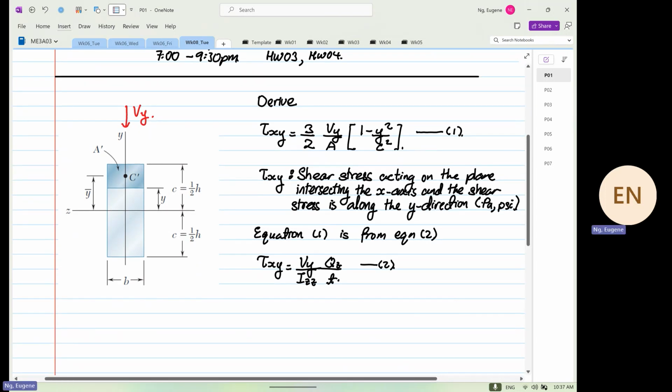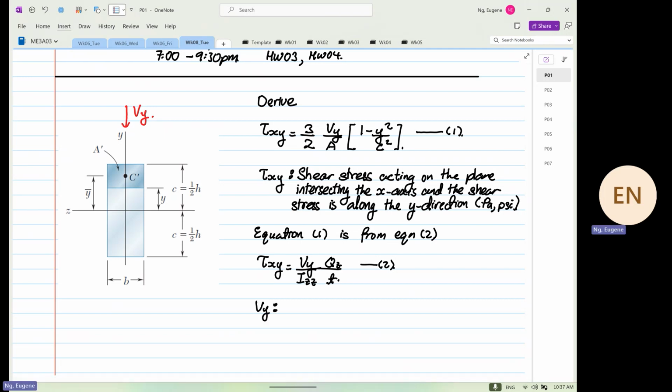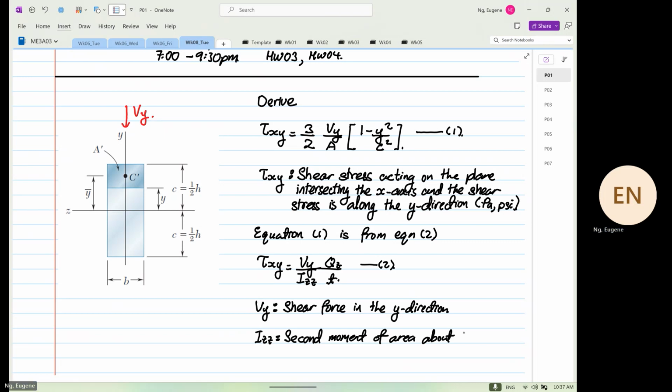And we have mentioned that Vy, as you can see from the diagram, is the shear force in the y direction, and Izz is the second moment of area about the ZZ axis.